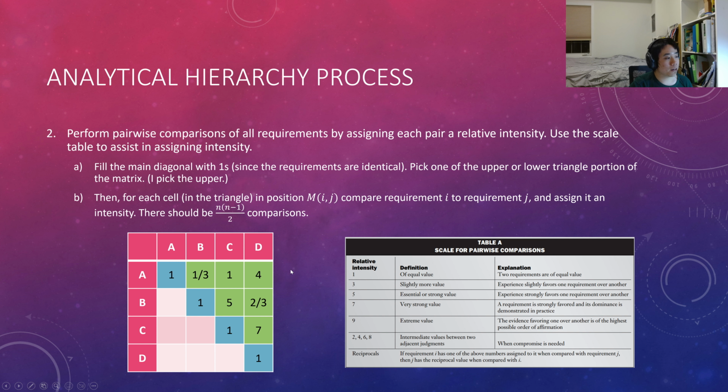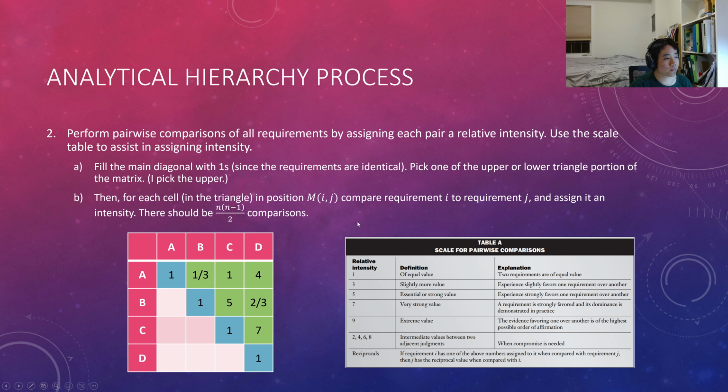So you're going to compare the requirements in the row to the requirements in the column, where i is the row and j is the column.